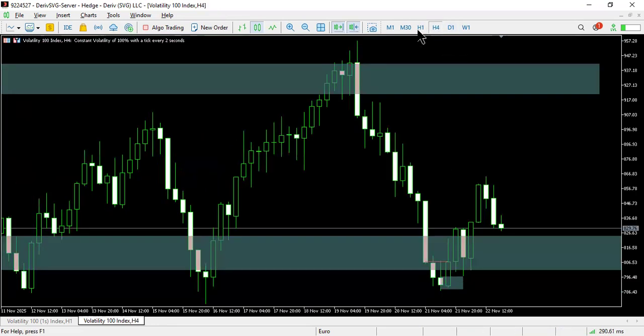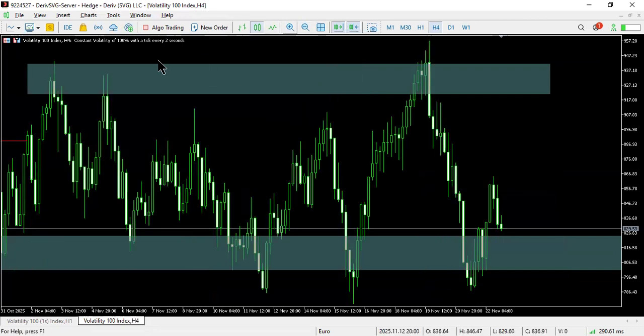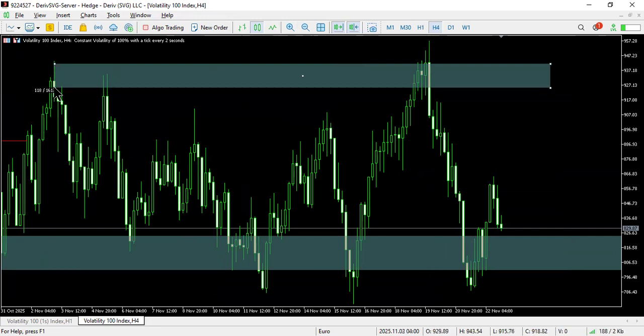If we go to the 4 hours time frame, from the 4 hours, we can adjust our levels.